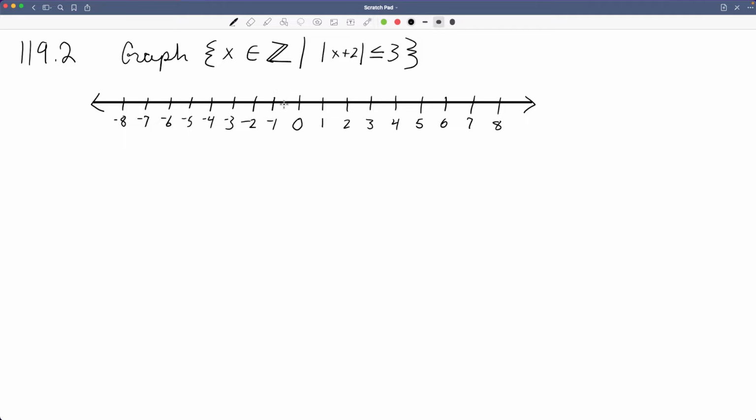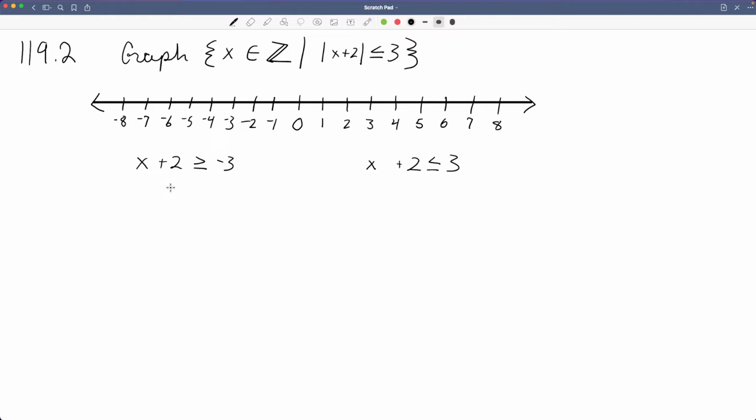Here, our something is less than or equal to a positive 3. So the absolute value inequality can be replaced with something is going to be greater than or equal to negative 3. And our something is x plus 2 is going to be greater than or equal to a negative 3, and x plus 2 is going to be less than or equal to a positive 3.